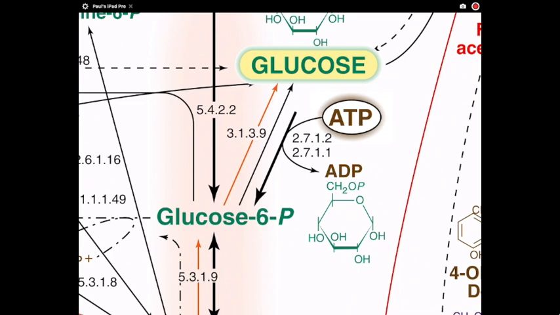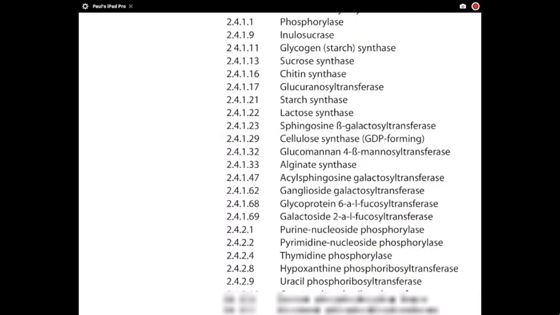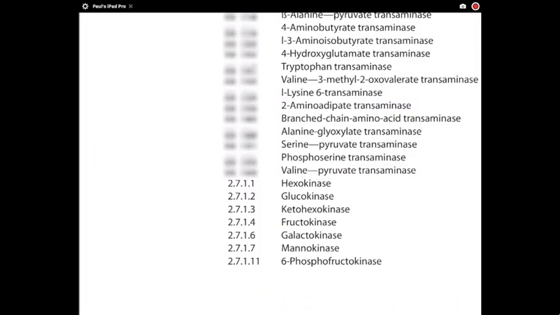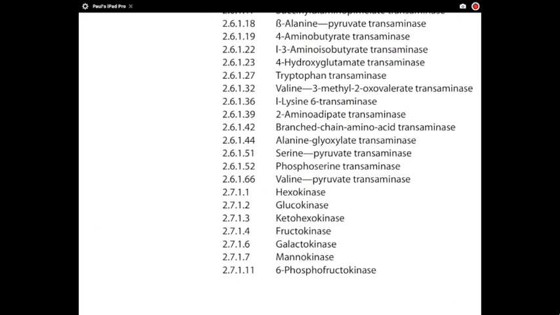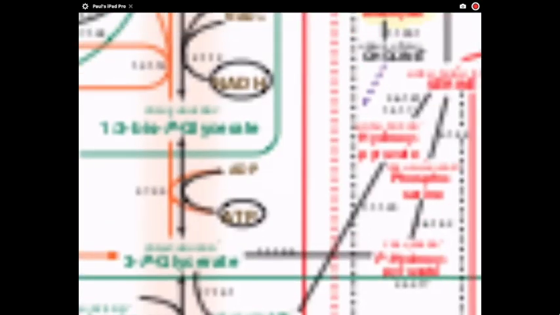We wanted to go down, which is 2-7-1-2 and 2-7-1-1. 2-7-1-1 is hexokinase, and 2-7-1-2 is glucokinase. We learned both of those. I have no idea where I'm at. Where am I? Okay, there it is.